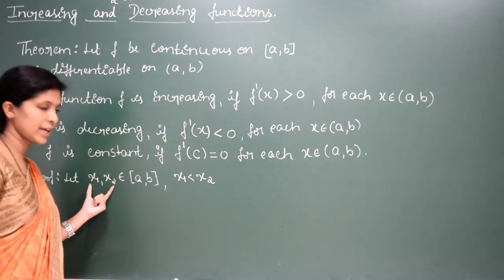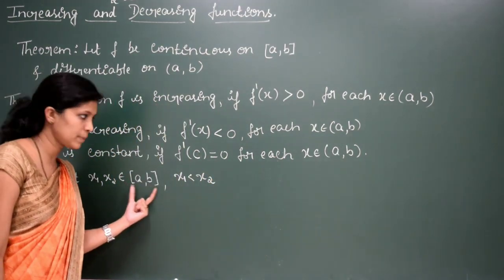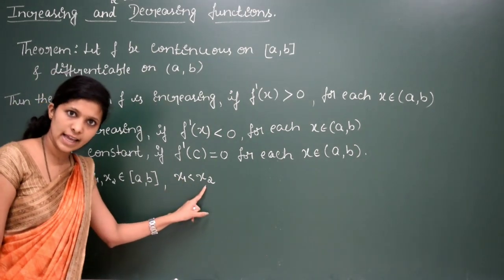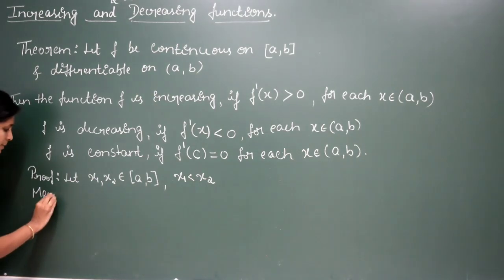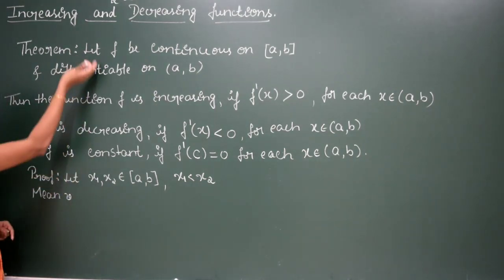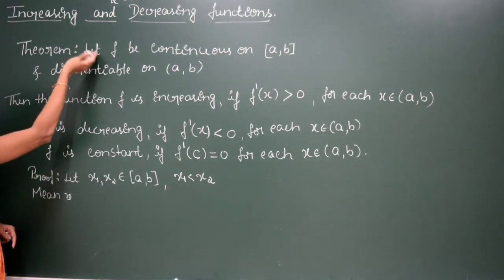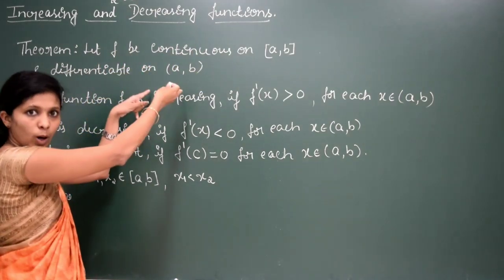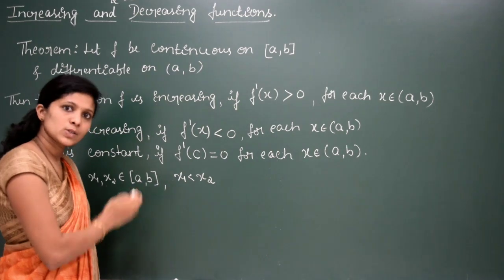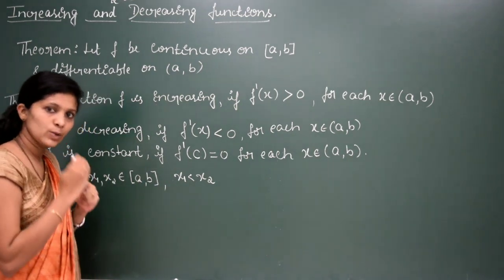By using the mean value theorem, because these two conditions are satisfied here, it is continuous on closed interval a comma b and differentiable on open interval a comma b, so that we can use the mean value theorem.